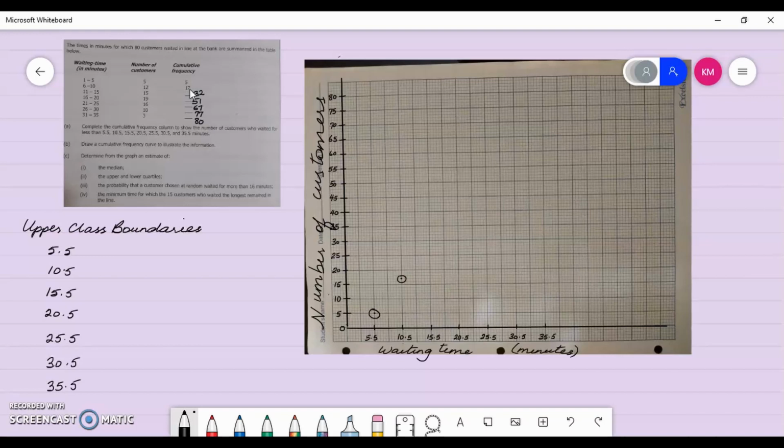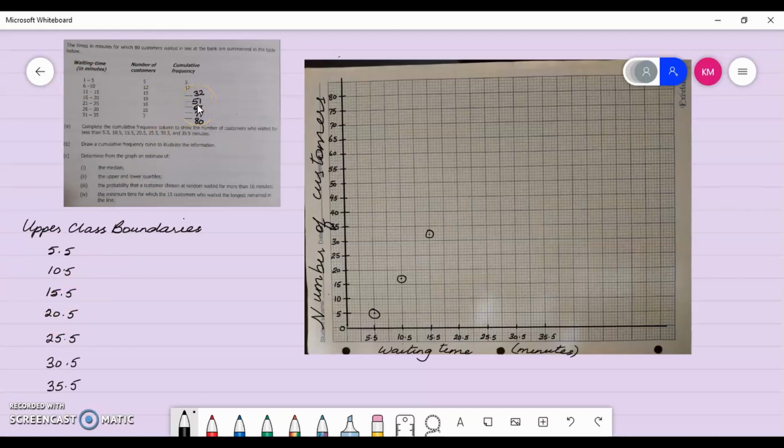I put a circle. Next, 15.5, I'm going to be plotting that against 32. So at 15.5, I come up until I meet 32, and that is going to be here. At 20.5, I'm going to be plotting that against 51.